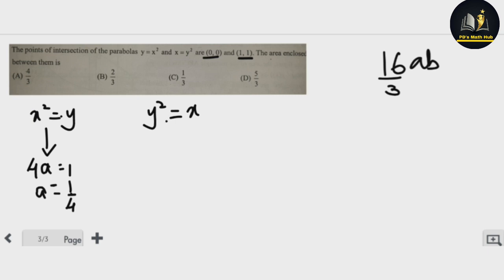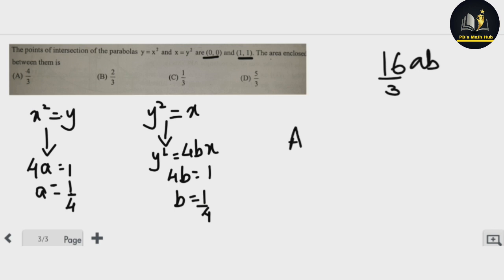Here, on comparing this equation with y square is equal to 4bx, the value of 4b is 1 and b is equal to 1 divided by 4. Therefore, we have a and b values to be 1 by 4.